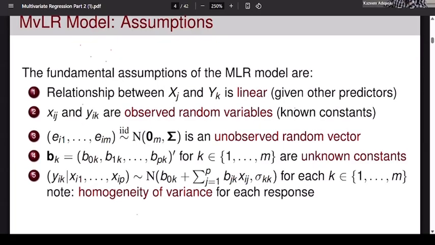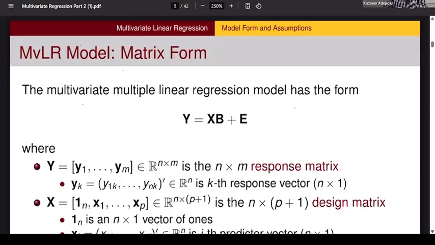Now I'm going to move on to how to write it in matrix form. If I say in an exam, write a multivariate linear regression model in matrix form, this is what you're going to write.